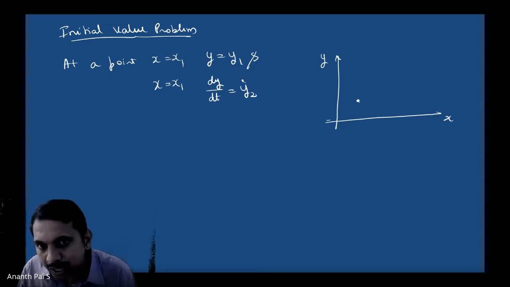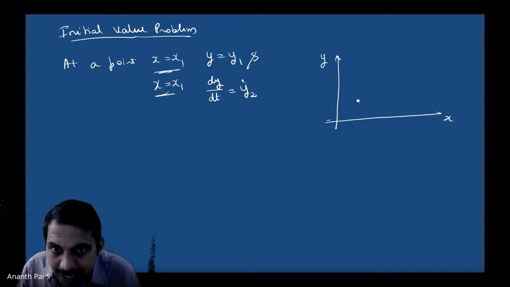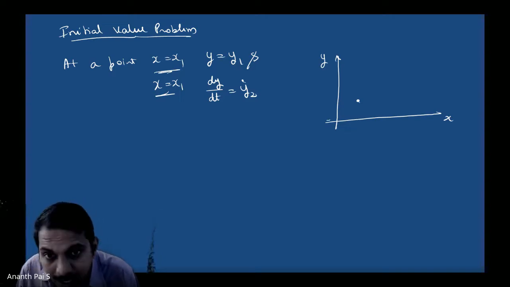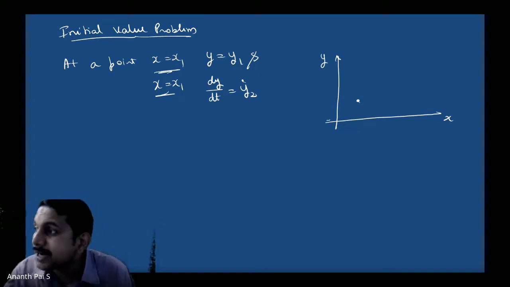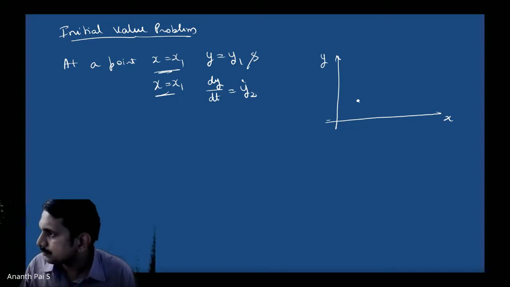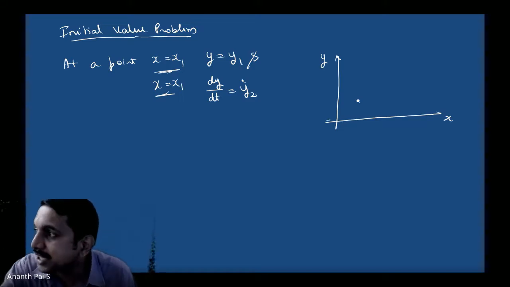So at the same point, we are having a number and a rate, a value and a slope. That is called initial value.